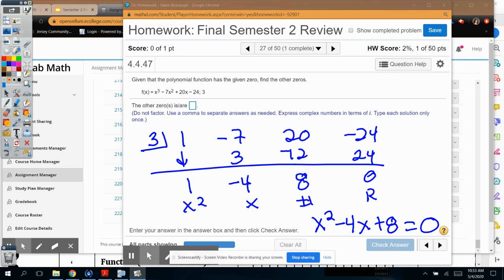Now we will have to solve that. So after you divide, you'll have to solve. This one will be a tougher one for you. Okay, you can do complete the square, but I bet a lot of you are not going to want to do that. You're going to want to do quadratic formula. So let's do quadratic formula.